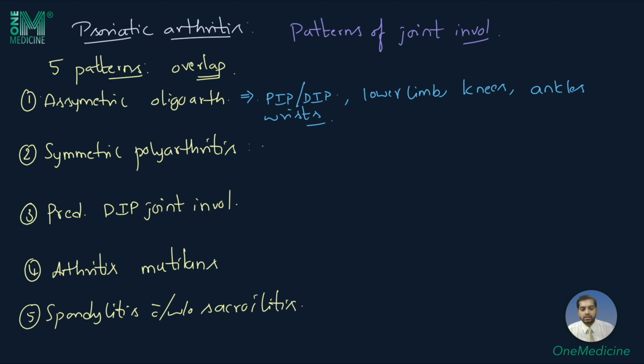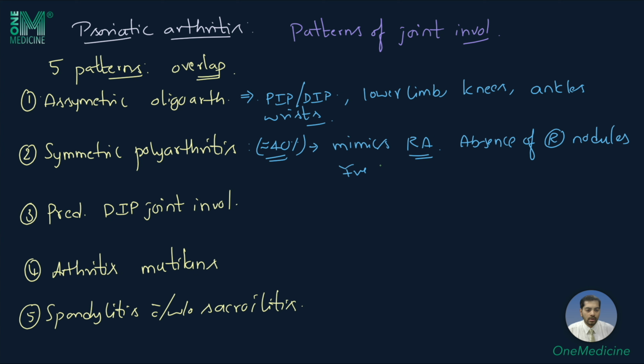Symmetric polyarthritis, contributing to approximately 40% of all the cases of psoriatic arthritis, usually mimics rheumatoid arthritis, but the distinguishing features here are absence of rheumatoid nodules, presence of a preceding psoriasis or psoriatic skin lesion, and classical absence of rheumatoid factor.